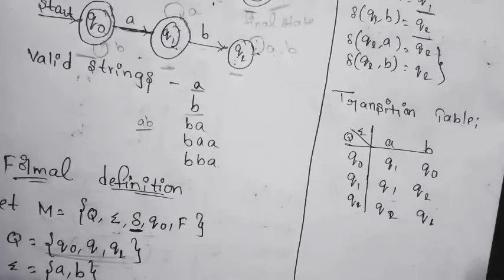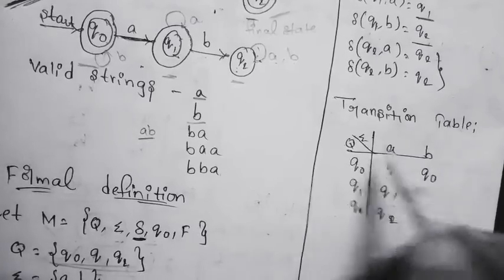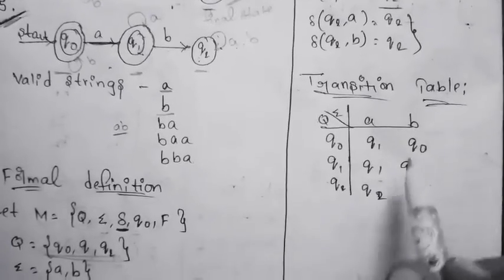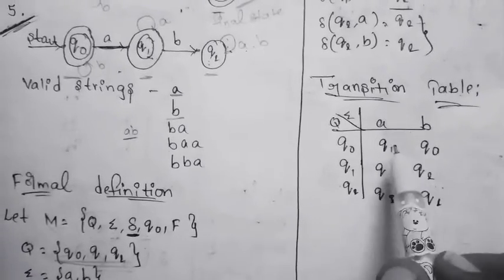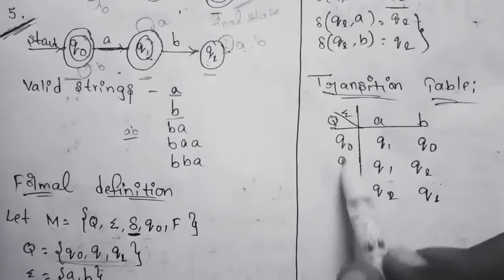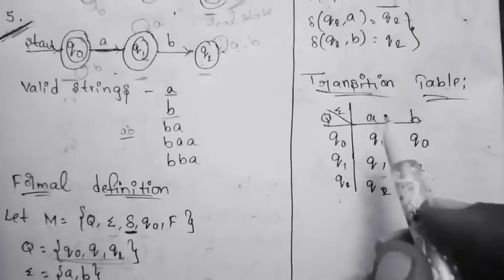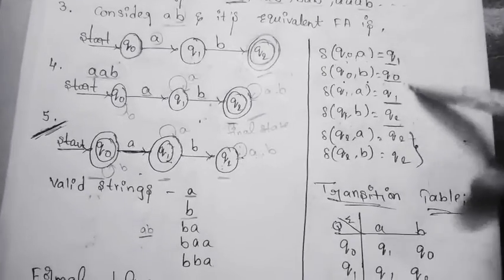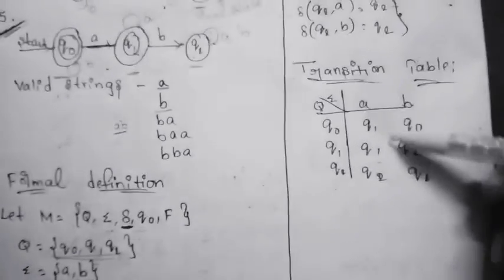Now again, the next step is the transition table. See guys, how to consider the transition table, that is Q. These are the states and these are the inputs. By seeing the above symbols, we are just writing them here.